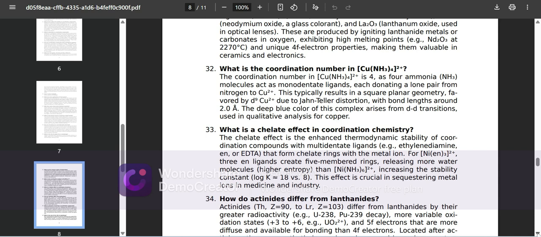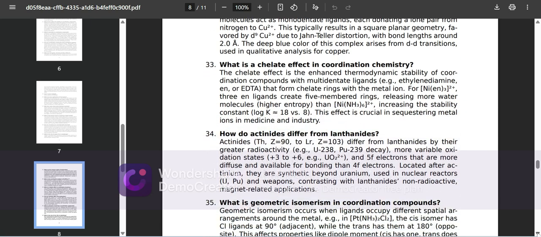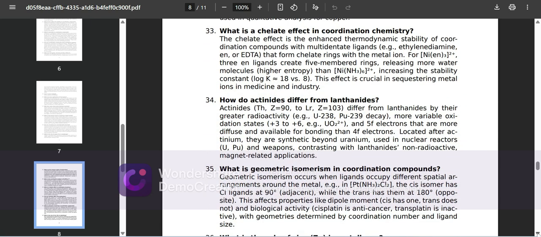This typically results in a square planar geometry favored by d9 Cu2+ due to Jahn-Teller distortion, with bond lengths around 2.0 angstrom. The deep blue color of the complex arises from d-d transitions, used in qualitative analysis for copper.